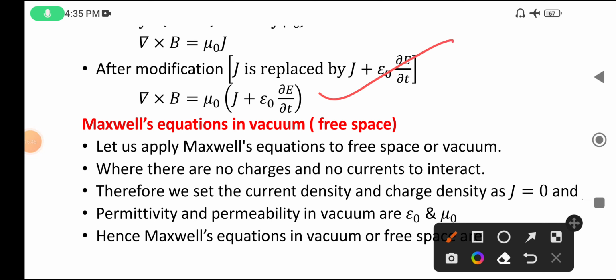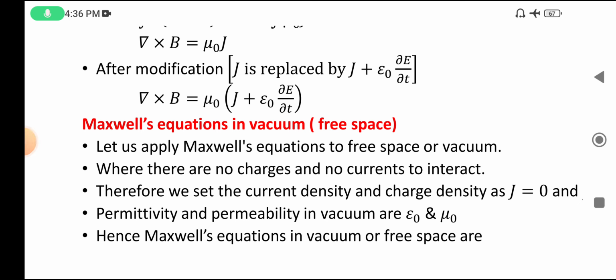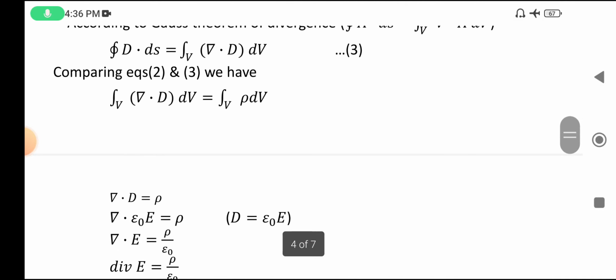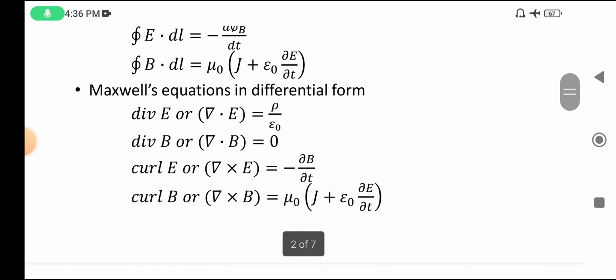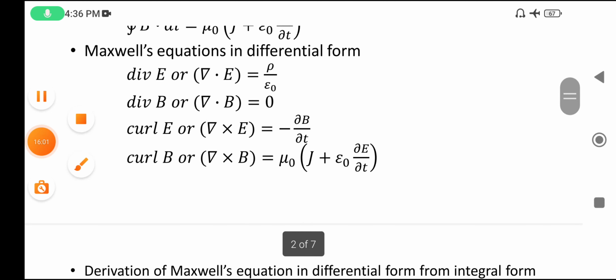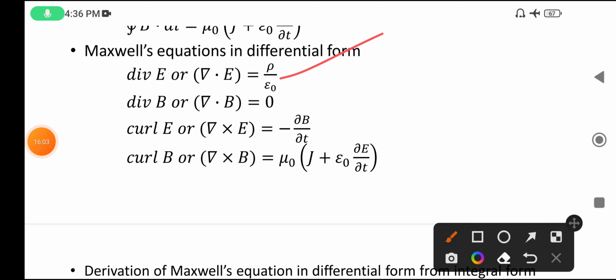Now these four equations we have to apply to free space, and free space means vacuum, as well as to dielectric. Once again, see the four equations. In differential form: del dot E is equal to rho by epsilon naught, del dot B is equal to 0, del cross E is equal to minus dou B by dou t, del cross B is equal to mu naught J plus epsilon naught dou E by dou t.